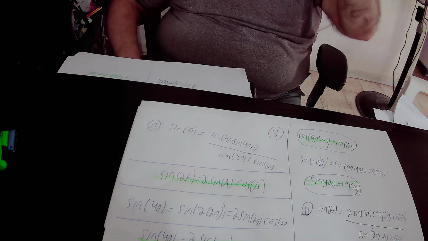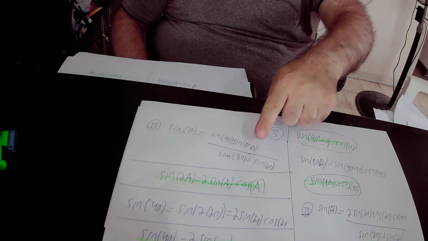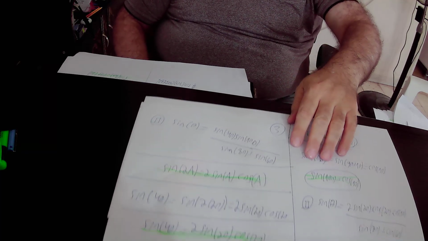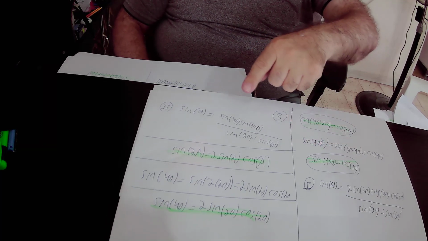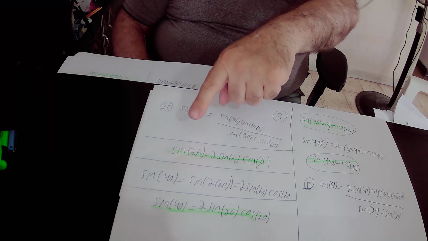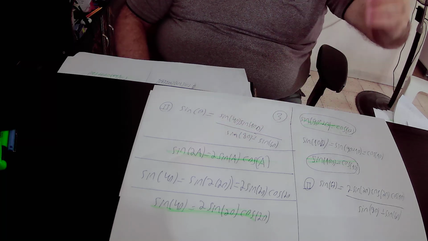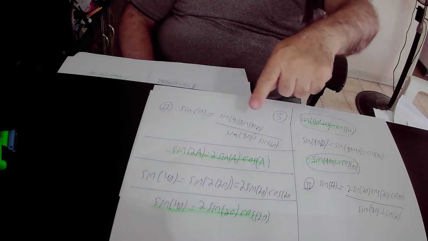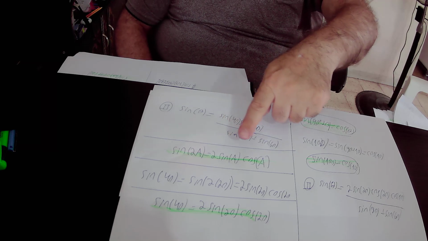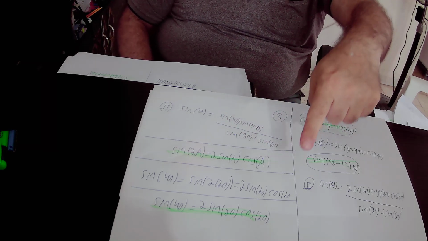Then I presented to you the second trigonometric identity, that sine 2a equals 2 sine a cosine a. And we use this trigonometric identity for the value of sine 40 degrees. Sine 40 degrees is sine 2 times 20 degrees, and according to this identity, sine 2 times 20 degrees will be equal to 2 times sine 20 degrees times cosine 20 degrees.